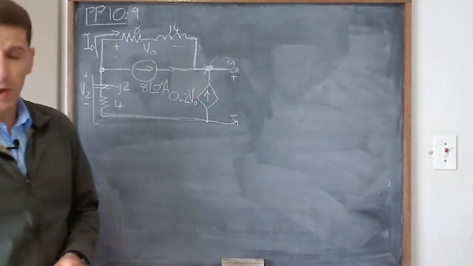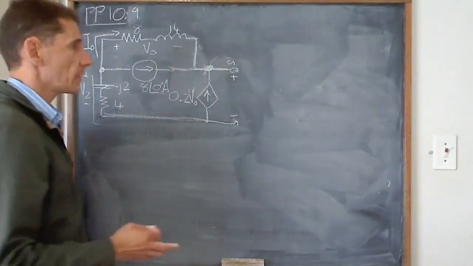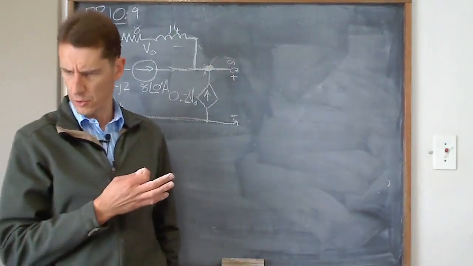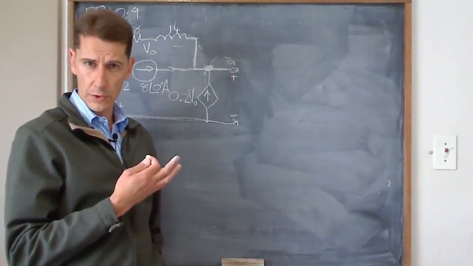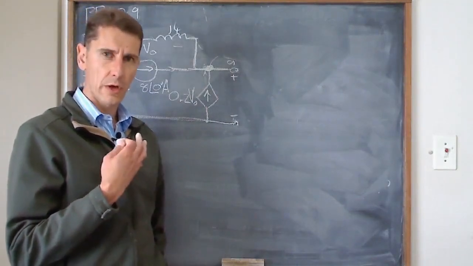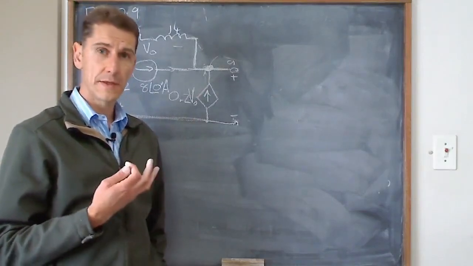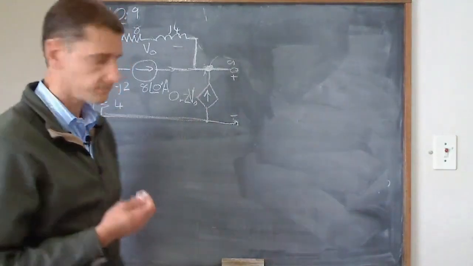Okay, so let's use a nodal analysis to do this. So rewind. The method that I showed you might be confusing. You could get lost. And perhaps now when I do the nodal analysis, even though it's going to be a bit longer, you'll see that your chances of getting lost is a lot smaller.